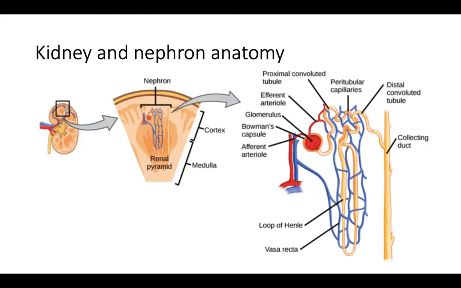And then the next picture I wanted to show you: how does this relate to the actual kidney? If you have a kidney here and you take a little slice out of it, the inner section of the kidney is called the medulla and the outer shell is called the cortex. You can see that your nephron sits inside both cortex and medulla.